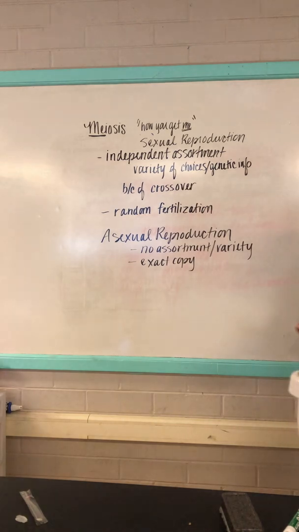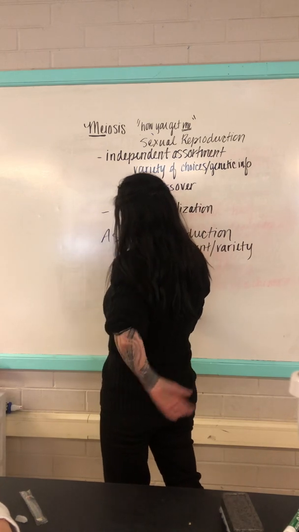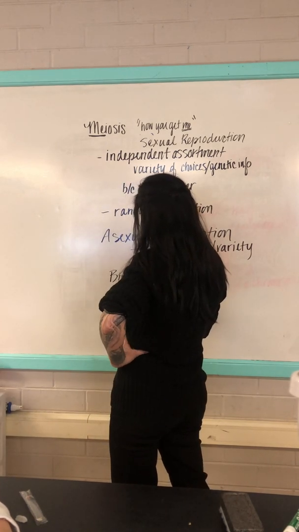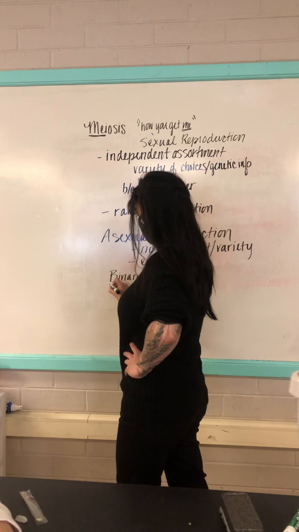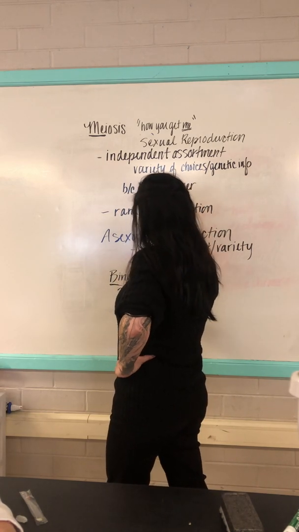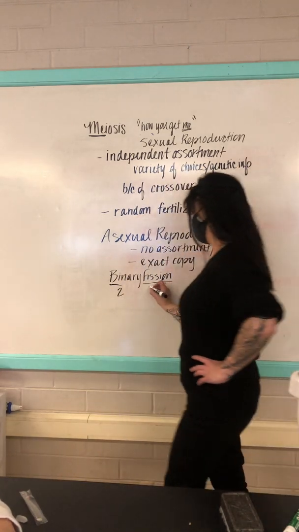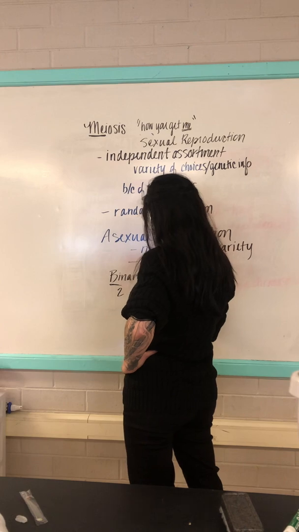And examples of asexual reproduction are binary fission. So this is exactly what it says. What is bi mean? 1 or 2. 2. Fission means to do what? You divide. Yeah, so it's going to split or divide.